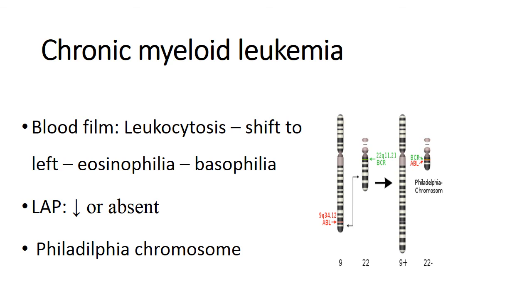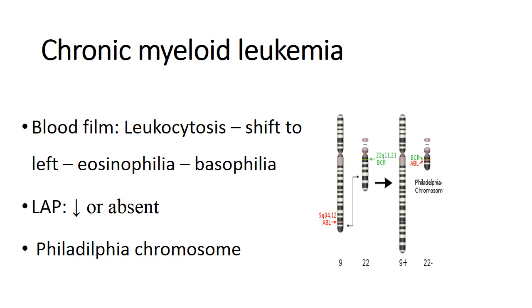Chronic myeloid leukemia must be differentiated from the myeloid leukemoid reaction. In the myeloid leukemoid reaction, there is leukocytosis and shift to left, and the cells in the blood film will show toxic granulation and vacuolation, while in chronic myeloid leukemia there will be no toxic granulation or vacuolation.